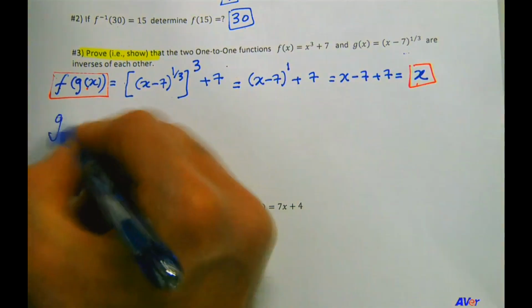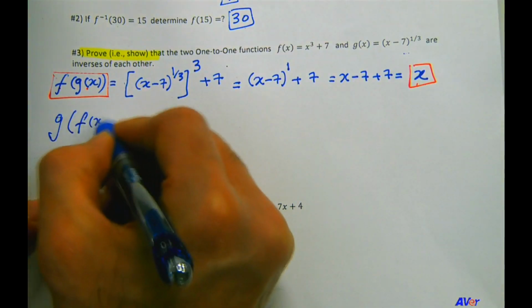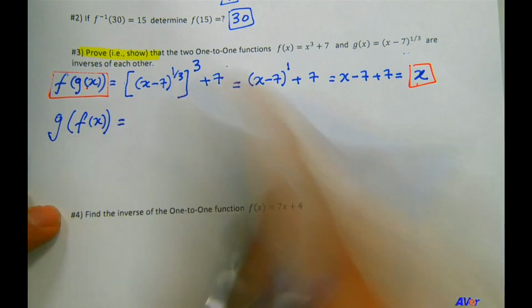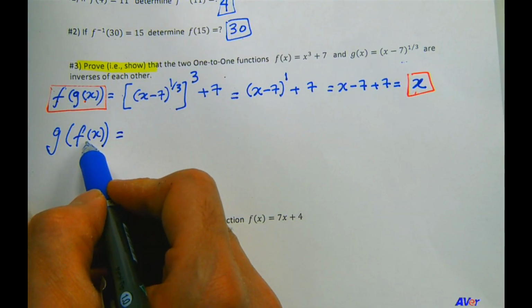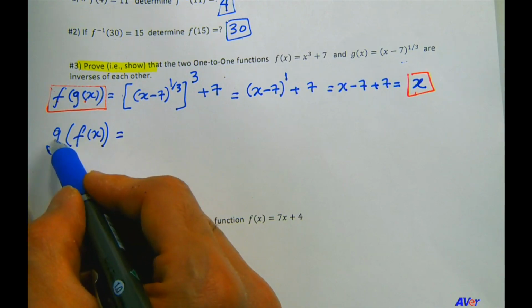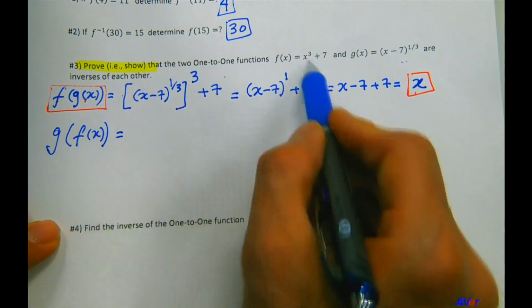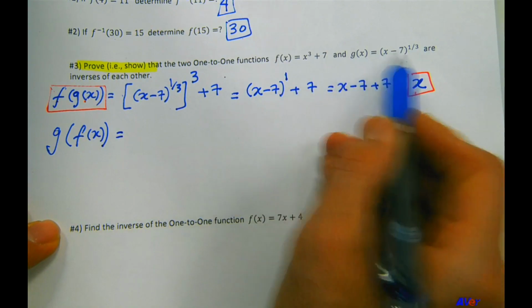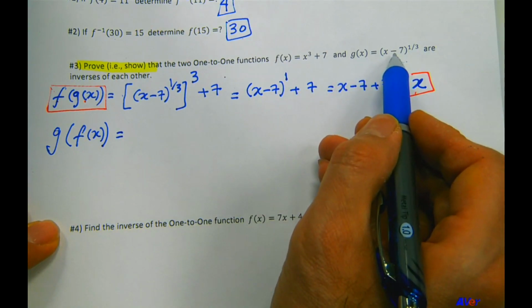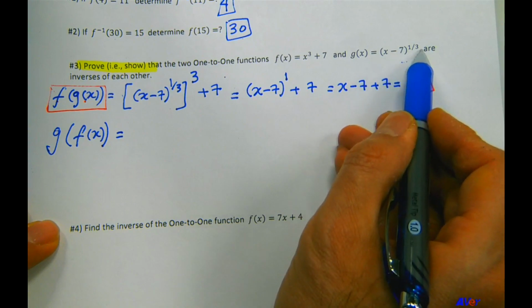So the composition of g and f is equal to, this time f of x is the function that is being placed inside g. All of f must be placed inside g. Where can it go? Can it go here outside, plus this?